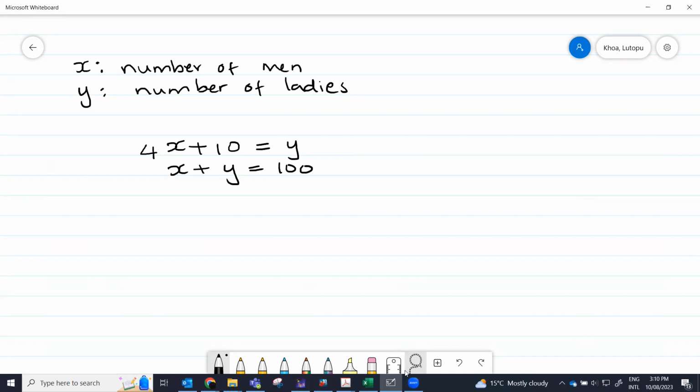Now when solving these equations, like we've done so many times, first we must align the x's, align the y's, and put the constants on the other side. So we have 4x minus y equal to minus 10, and then x plus y equal to 100.